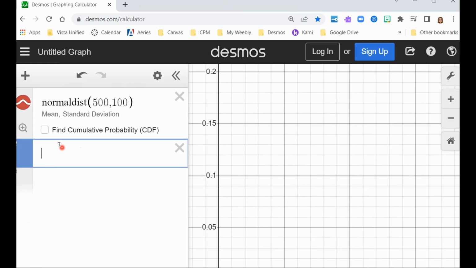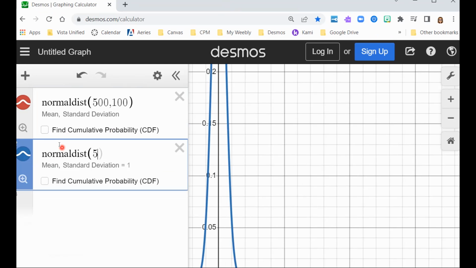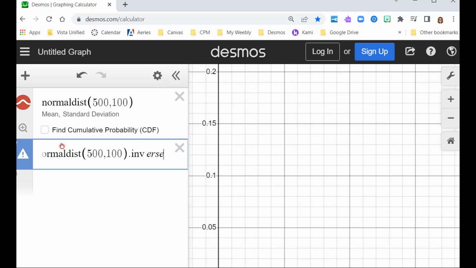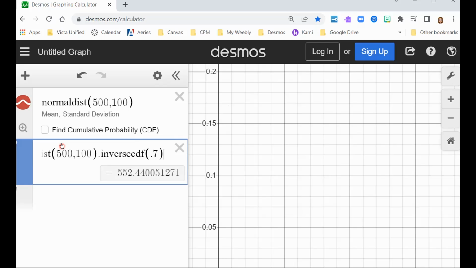I am going to type in normal distribution, and it's the 500 and 100 in terms of our mean and our standard deviation. Put a point, and then I'm going to do inverse CDF, and we want 70%, so I'm going to put 0.7, and it gives me the score, 552.